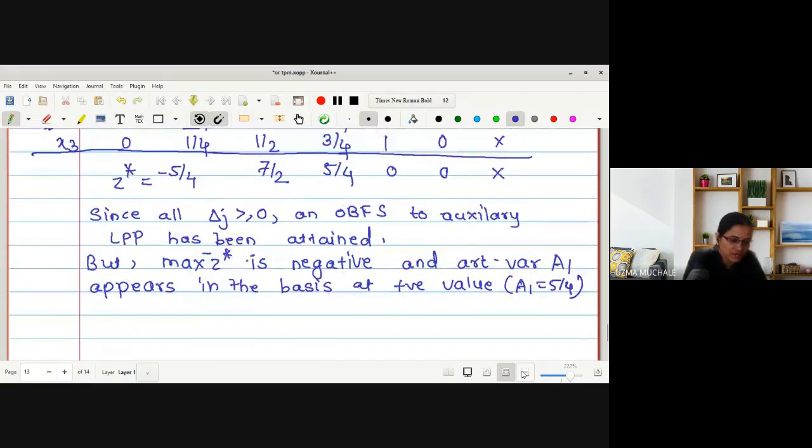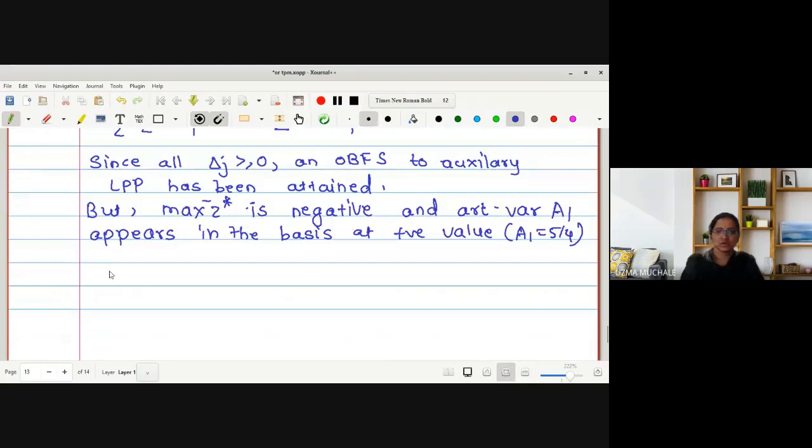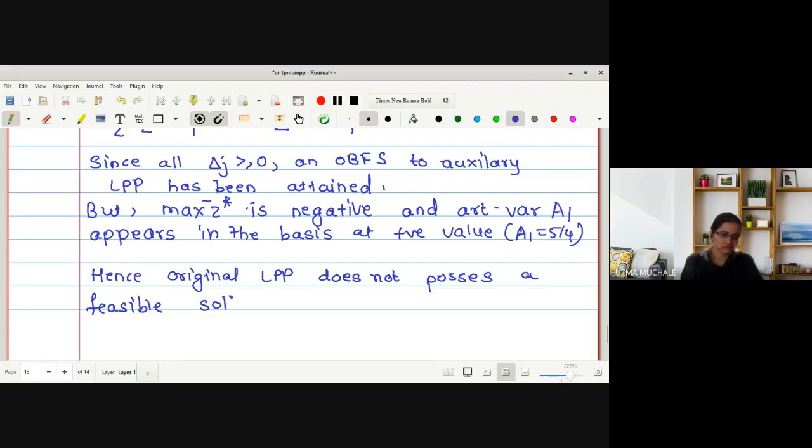Hence, the original LPP, the original problem, does not possess a feasible solution. Okay, now here there is no need to enter phase 2.